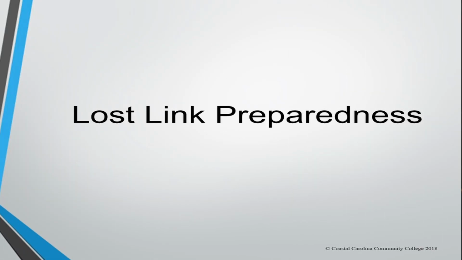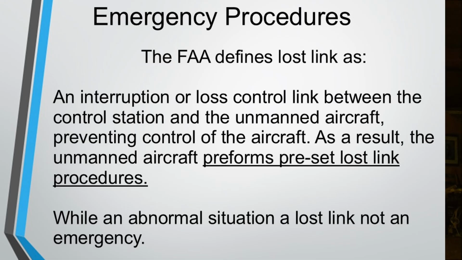So how do you prepare for lost link situations? If an interruption or lost control link between the control station and the unmanned aircraft prevents control of the aircraft, the unmanned aircraft should be set to perform a preset lost link procedure, such as return to home or hover.